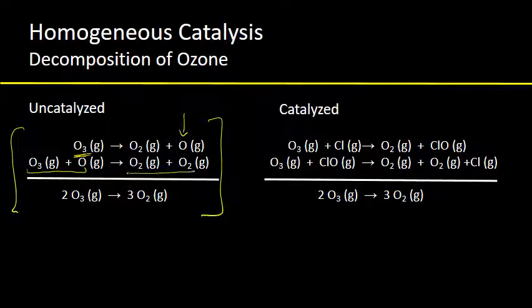Right? And so the net reaction is 2 ozones giving you 3 oxygens. All right. Now this reaction has something that we've seen before. In fact, we may have seen the same reaction before. Right?